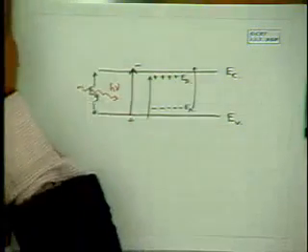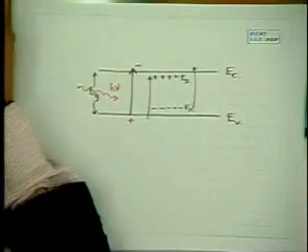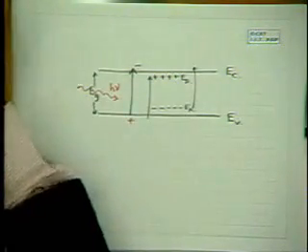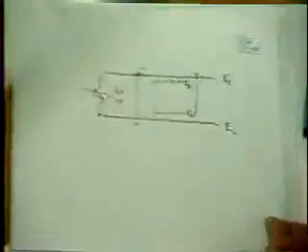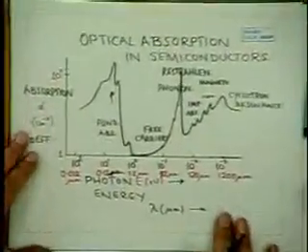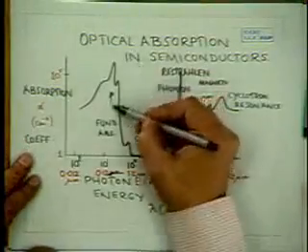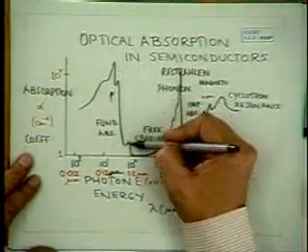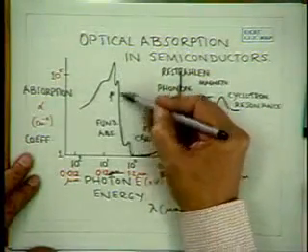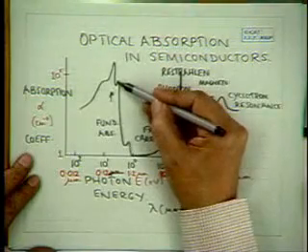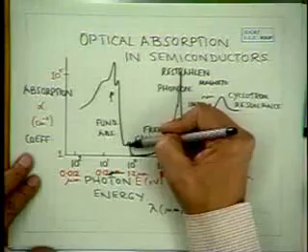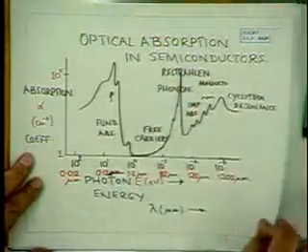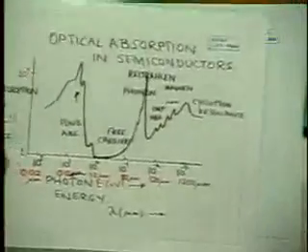So, as depicted in this diagram, we have the fundamental absorption here, but just before the fundamental absorption, we can have weaker absorptions here or here due to impurity transitions.